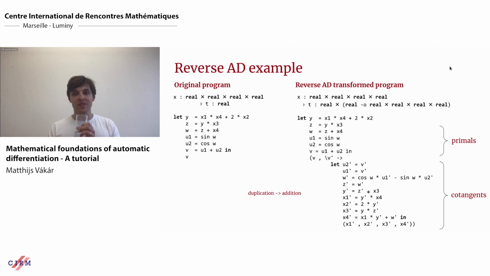There's a question from Benjamin. Any chance to efficiently differentiate imperative code? I haven't been looking at this yet, but some forms of imperative code, maybe you could hope to differentiate like this. Of course, you can do a sort of store-passing translation into a functional language first and then differentiate it using this technique. But I doubt that would be very efficient.